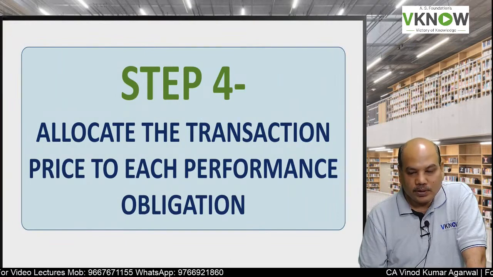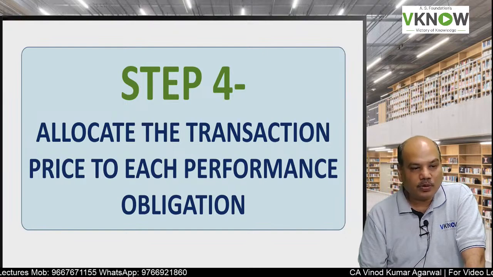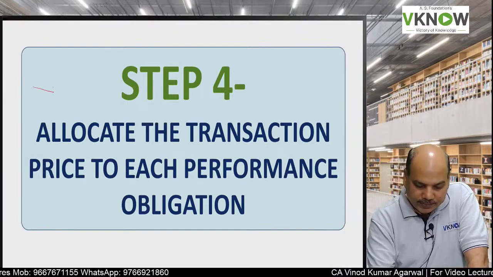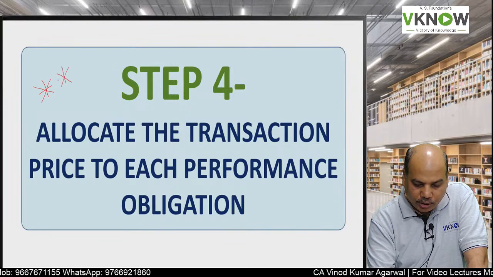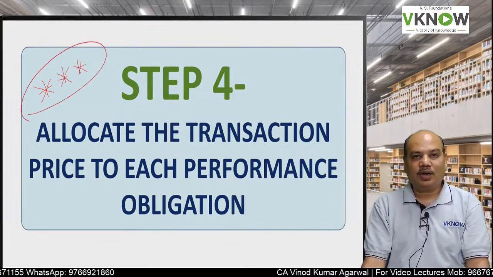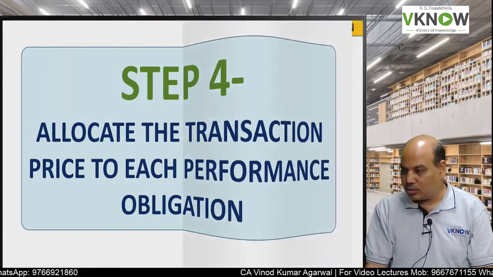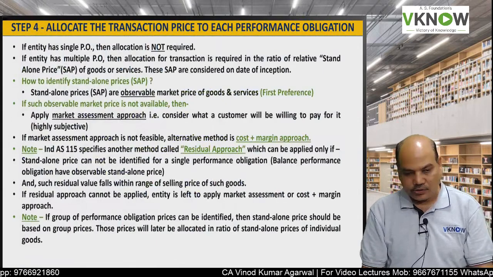Now we'll come to step number 4: allocate the transaction price to each performance obligation. This is also important for exam purposes. Questions up to 16 marks have been asked on this area, allocation of transaction price.